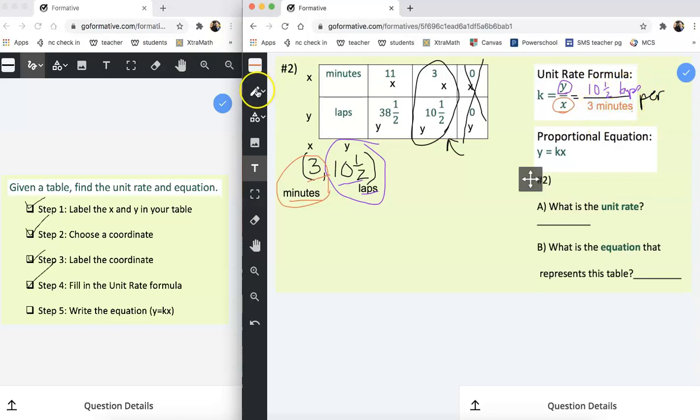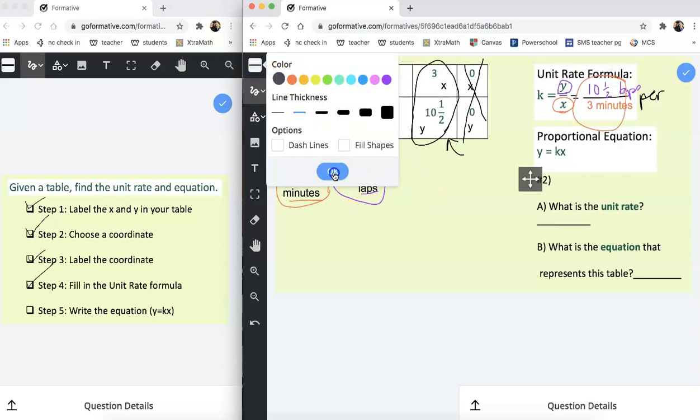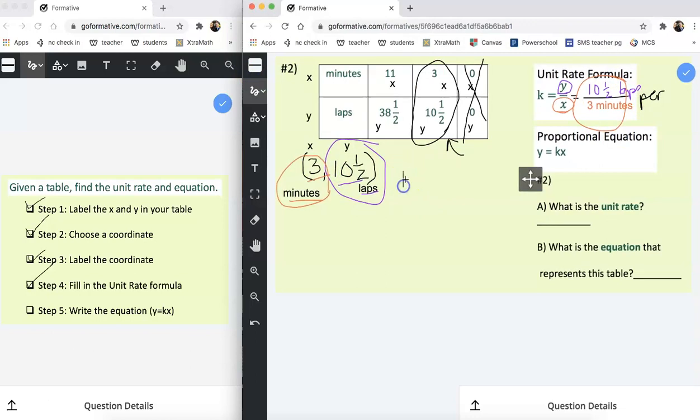So that's not a unit rate yet. To find the unit rate, we actually have to divide. So I'm going to take this down here and copy 10 1/2 and 3. This is a complex fraction because it is a fraction that contains a fraction. The first step with a complex fraction is to make sure both the numerator and the denominator are in fractional form.